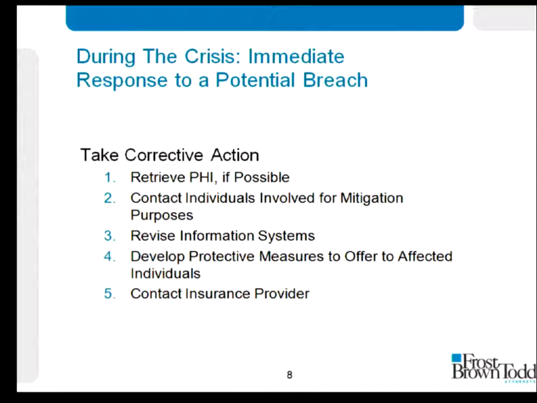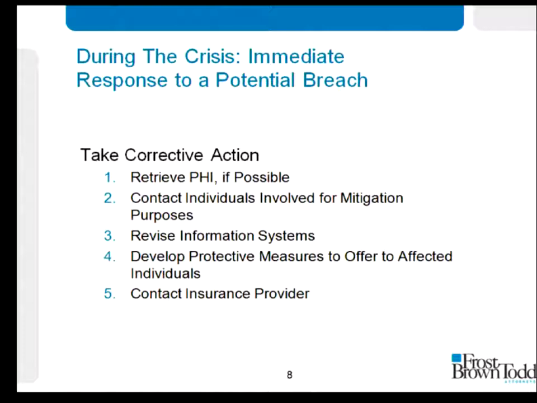You're going to want to develop protective measures to offer to the affected individuals. Think about this from an organizational standpoint and the reputation of the organization and the needs of the affected individuals. You might want to talk to your insurance carrier if you have cyber insurance, or others that are identified in the security incident response plan that James talked about as to what is the standard in your community, what's expected, what are the costs.